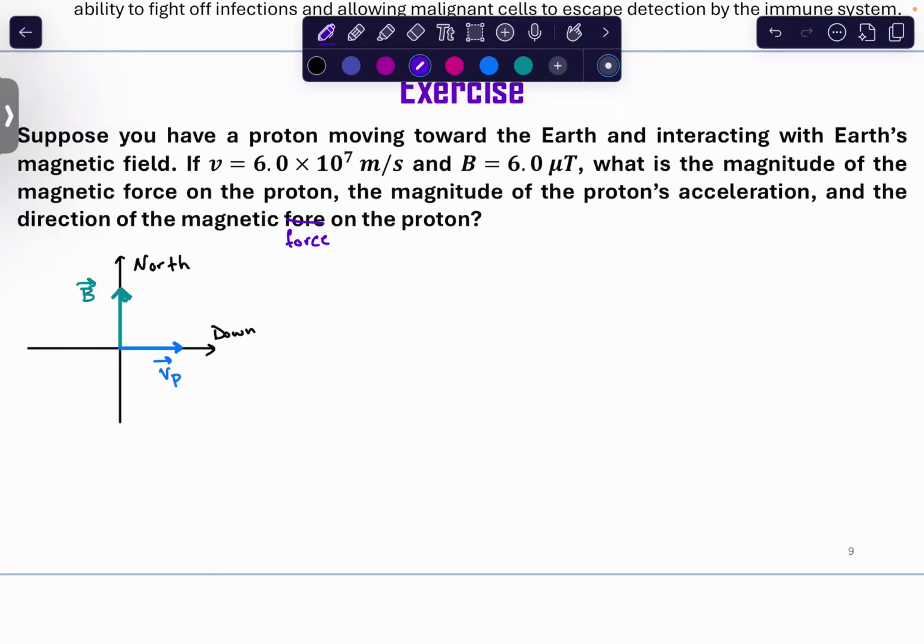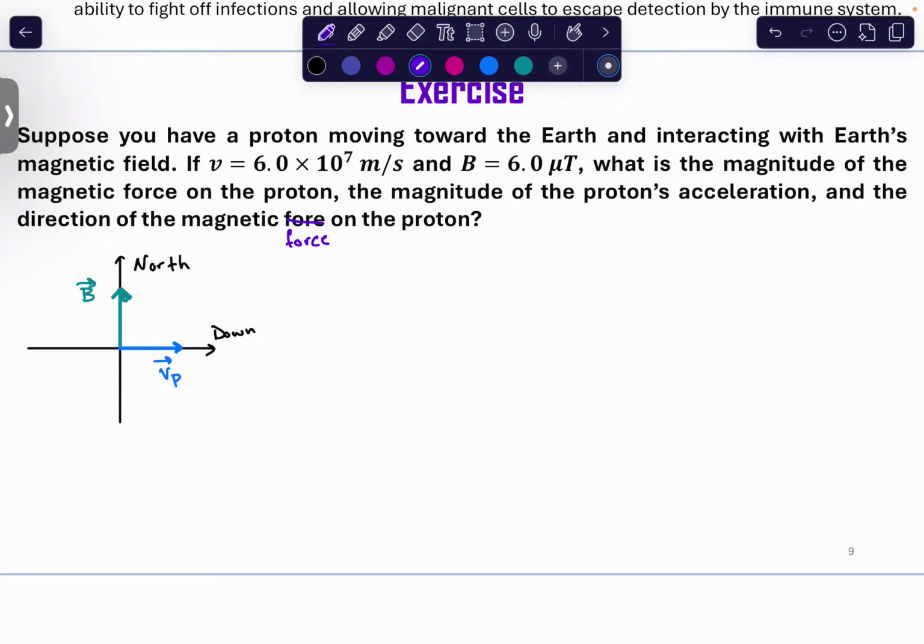Down is technically down, on a line going straight into the center of the Earth. Because if you're moving down, which way's north?